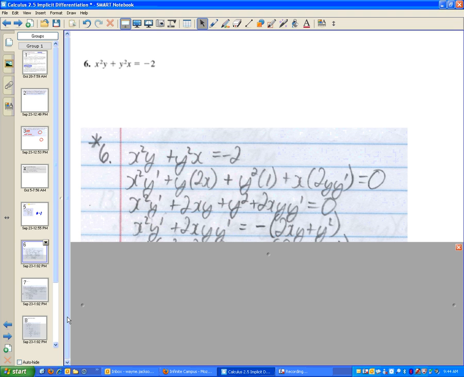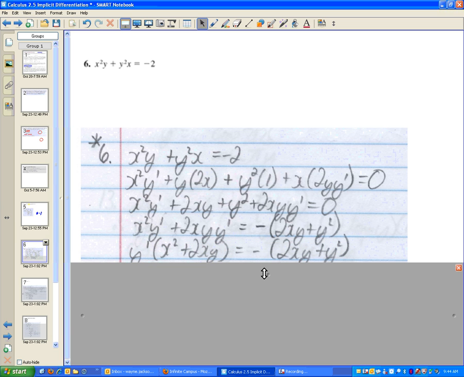So instead, since they both contain a y prime, factor it out. So on the left side, we factor out that y prime. We get y prime times the quantity, x squared plus 2xy.